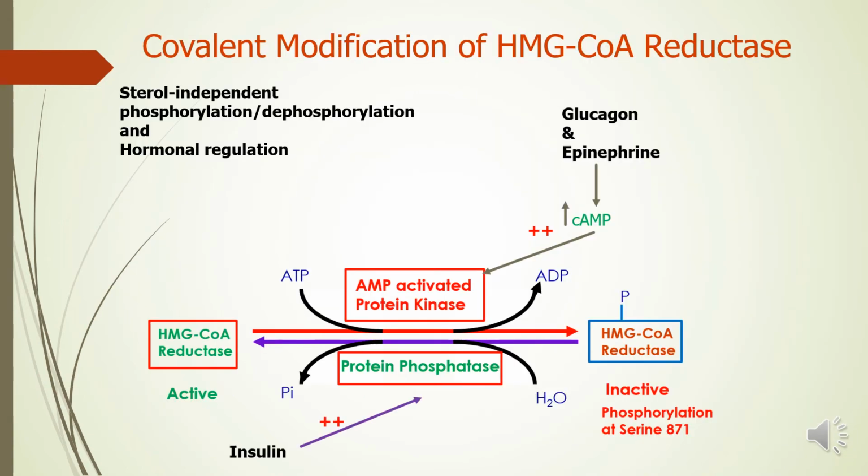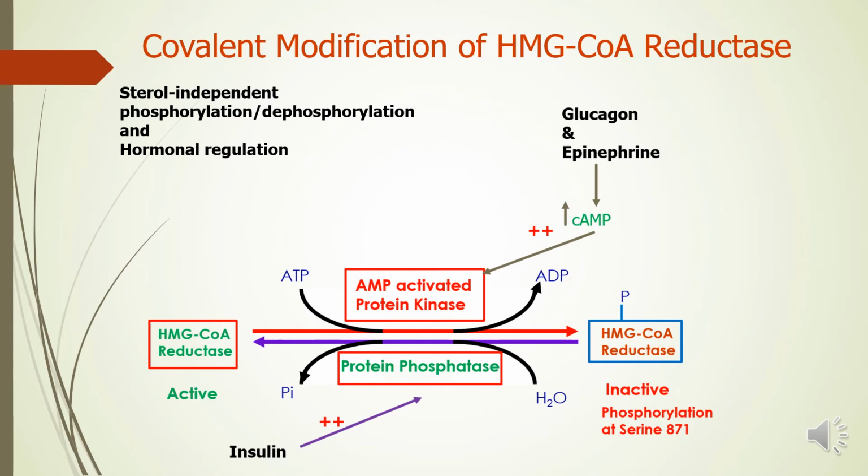So, as you see, the covalent modification of the enzyme is key for regulating cholesterol synthesis. The hydroxymethylglutarate CoA reductase is covalently modified by phosphorylation-dephosphorylation reaction. The active form is a dephosphorylated form.